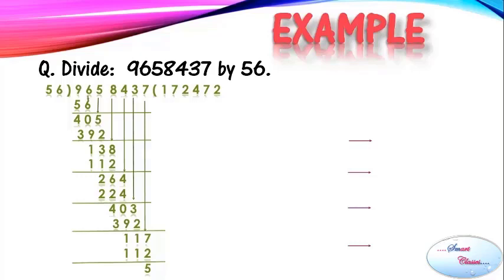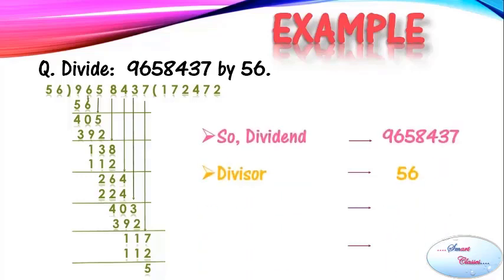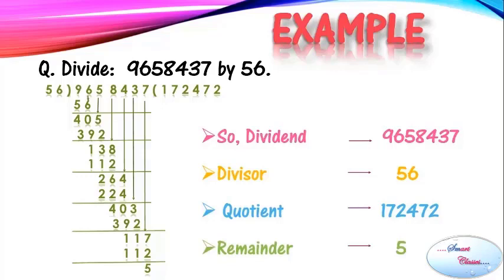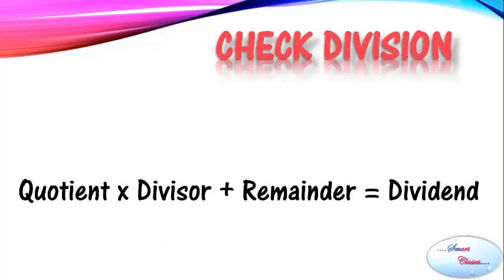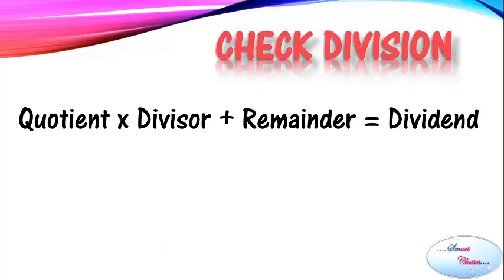So as we know, the dividend is 96,58,437, the divisor is 56, the quotient which we got is 1,72,472 and the remainder which we have got in the last is 5. Here we can check our division, whether whatever we have done is correct or not.